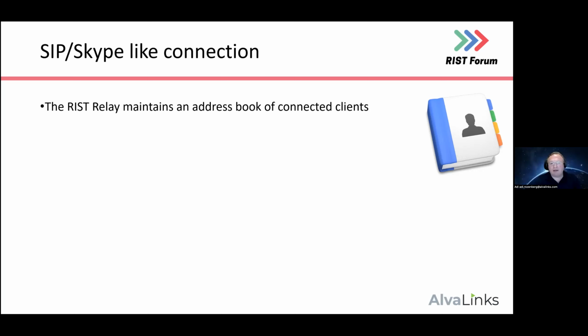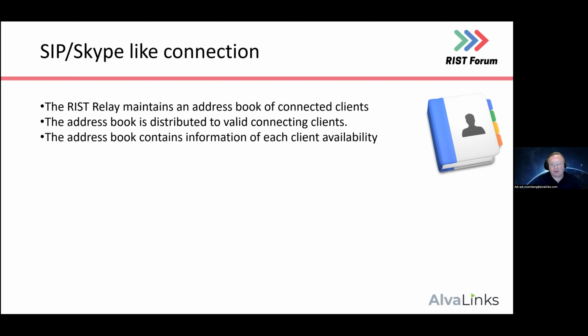So a RIST Relay will maintain an address book of all clients that might connect to it. The address book will be distributed to all clients connecting, so that they will know who the clients are that they might be able to communicate with, just like you have with your Skype account. You also will have information about the client availability, if it is connected or not, which is another idea.